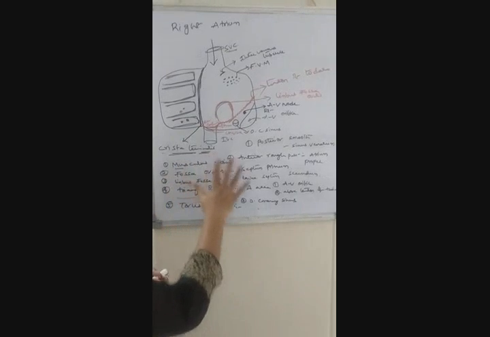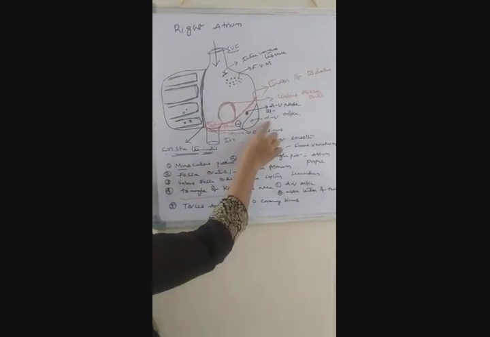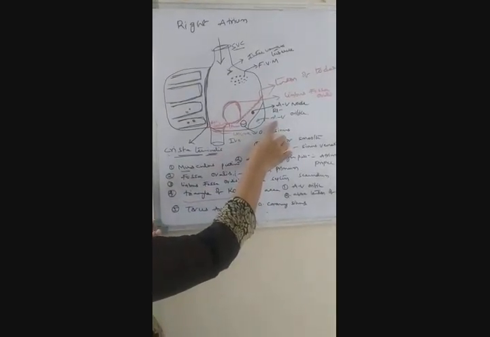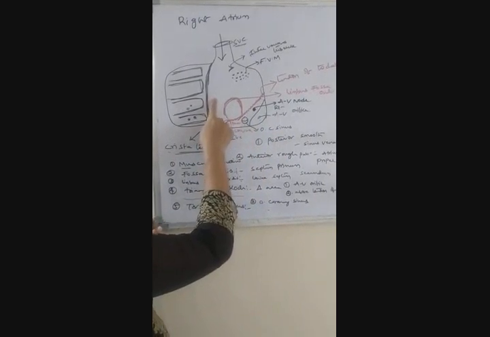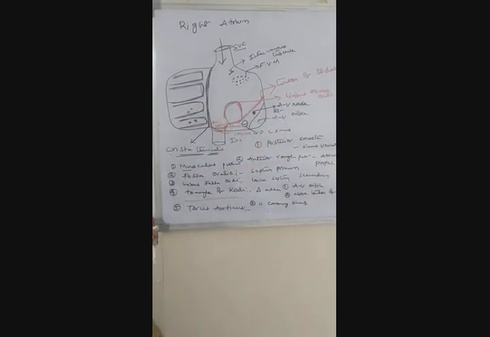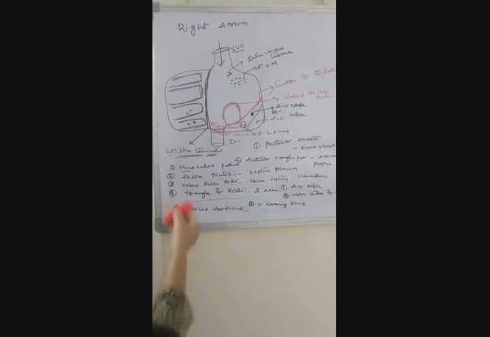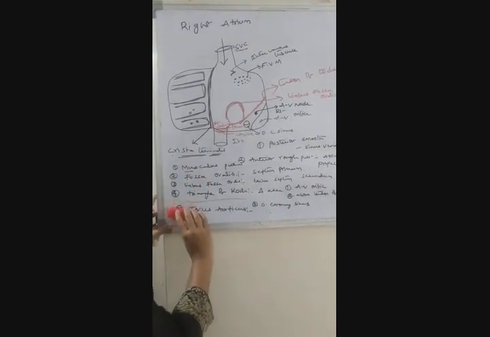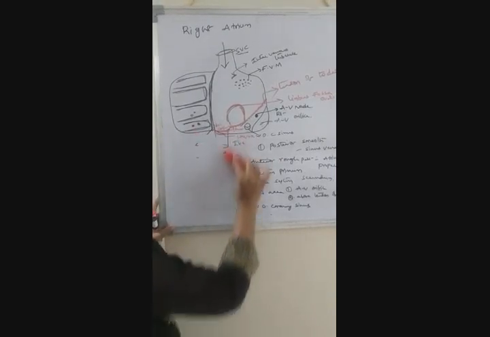Along with these features, we will have another one, that is the AV orifice, which connects the right atrium to the right ventricle. That is about the interior of the right atrium.